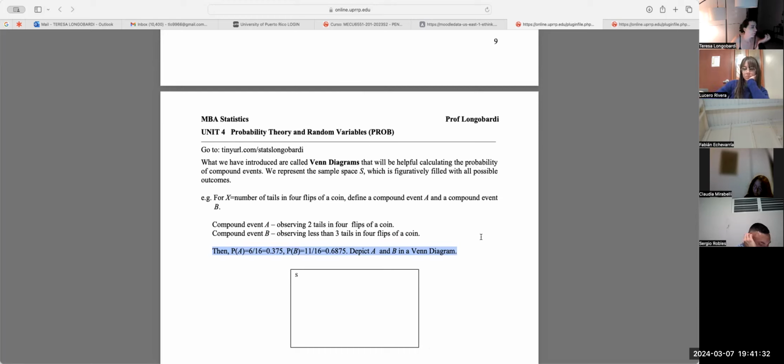And when you review the notes, you'll go through and see what they all mean. I mean, what the events A and B have to do with flipping 4 coins, as explained here.